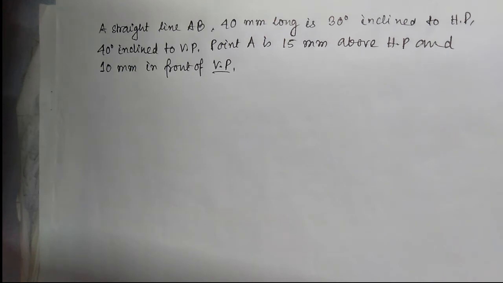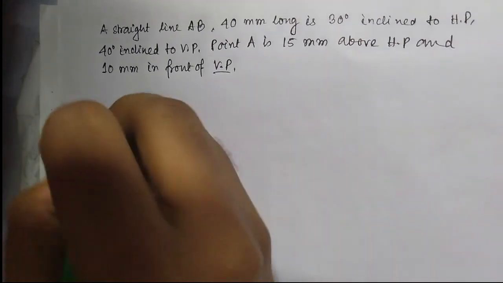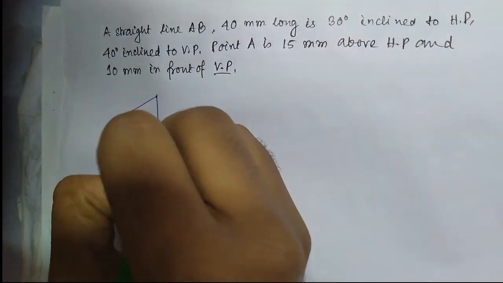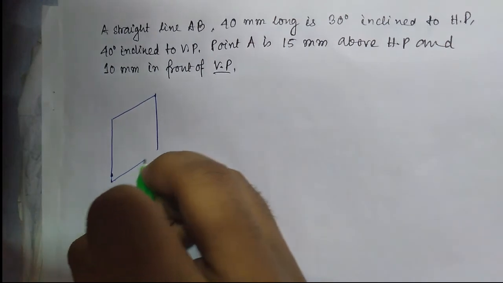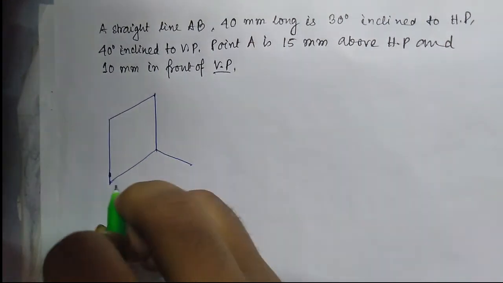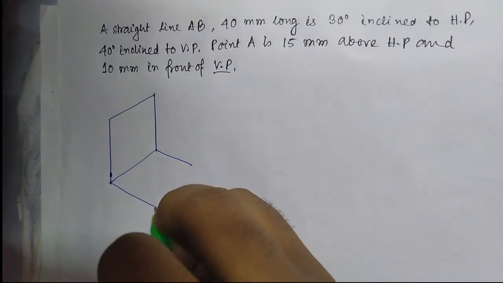We need to draw its projection. So first let us draw the three-dimensional view. This is the vertical plane, this is horizontal plane.